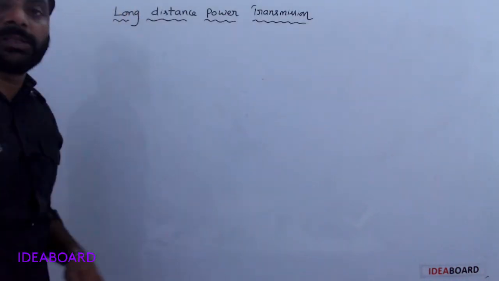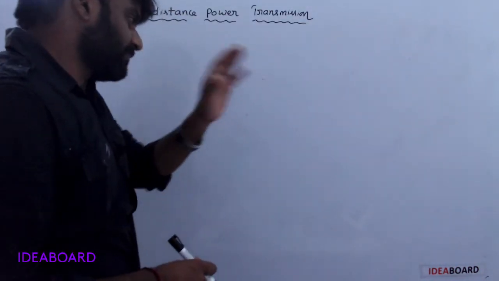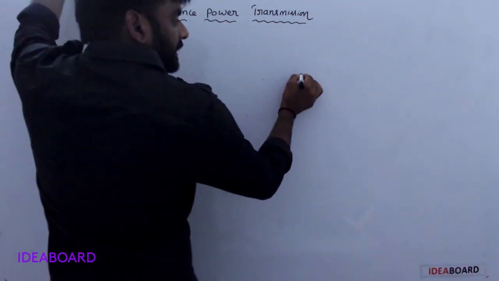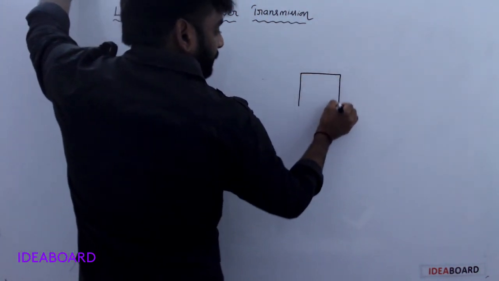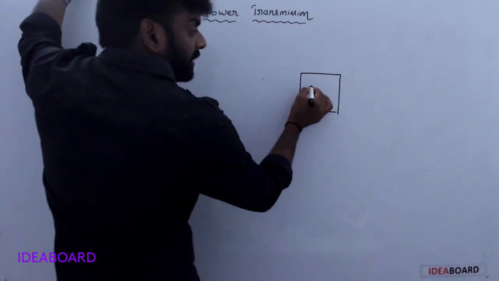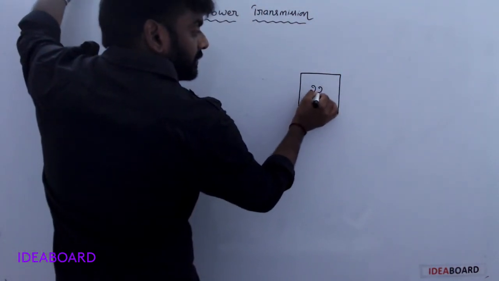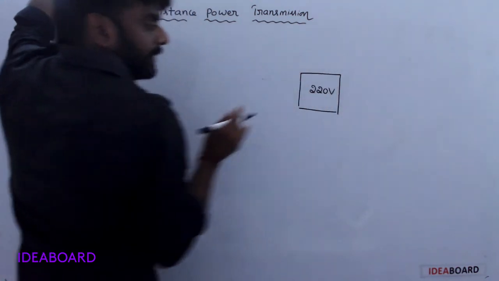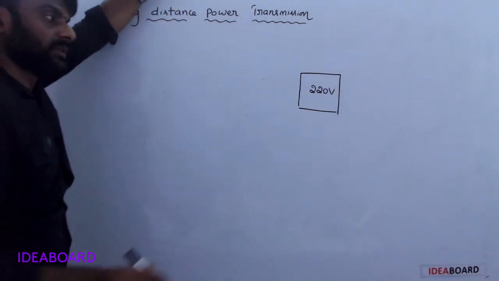Next, long distance power transmission. See, it is our house. Before going to this topic, one example. In the house, the supplied voltage is 220 volts.